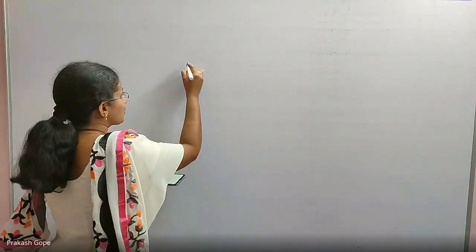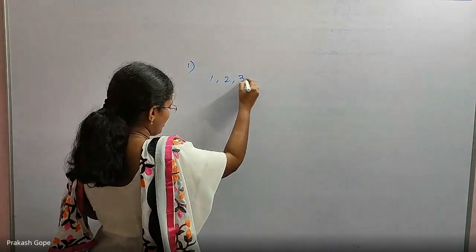Everybody has the file? Divide and conquer. First question. Let P be a quicksort program to sort the numbers in ascending order. So the question is about quicksort. Let T1 and T2 be the time taken by the program for the inputs. The inputs are like this: 1, 2, 3, 4, 5.